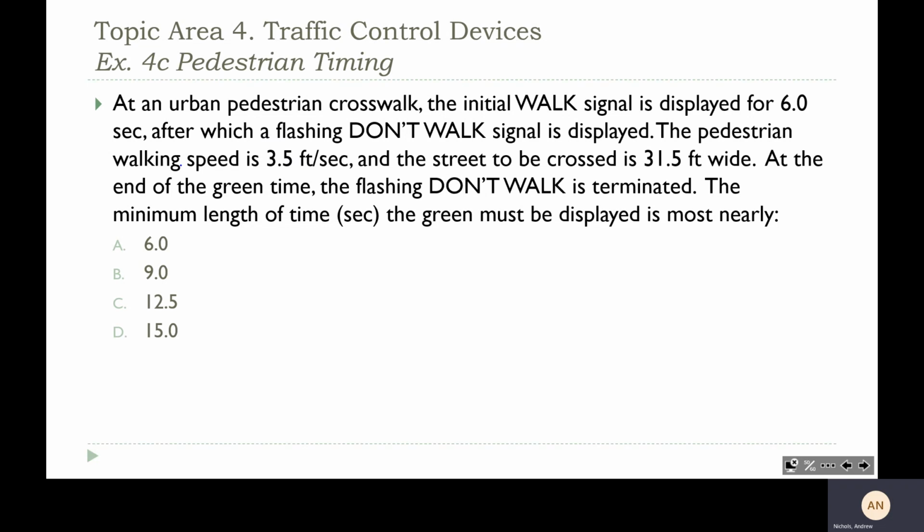So that's how every single traffic signal works. The pedestrian walking speed is 3.5 feet per second, and the street to be crossed is 31.5 feet wide. At the end of the green time, the flashing don't walk is terminated. So the minimum length of green that must be displayed is most nearly what?